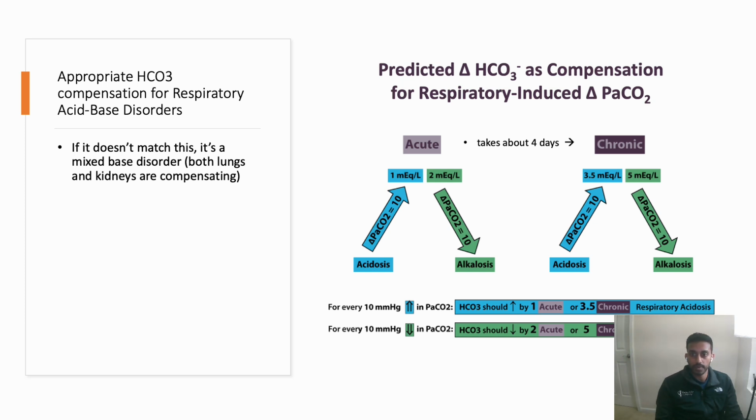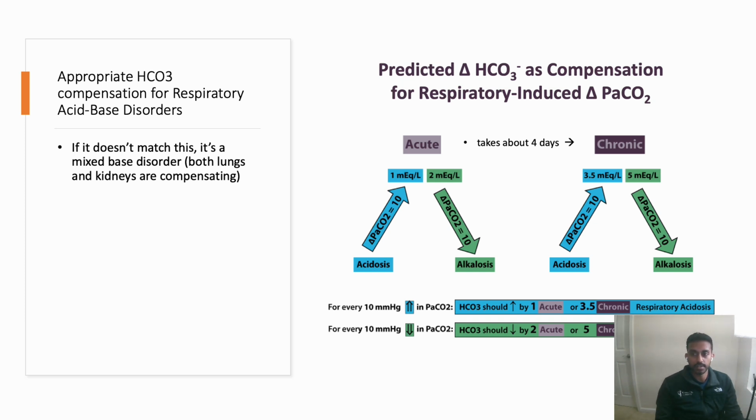But for respiratory disorders, after you've realized that it's a respiratory acid-base disorder, you then have to see if the change in CO2 corresponds to the change in bicarbonate. If there's an increase in 10 millimeters of mercury of PCO2, then bicarbonate should go up by 1 or 3.5 milliequivalents per liter in acute or chronic respiratory acidosis, respectively.